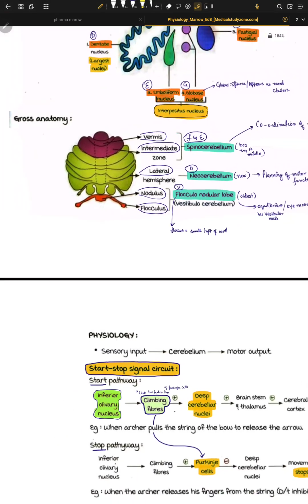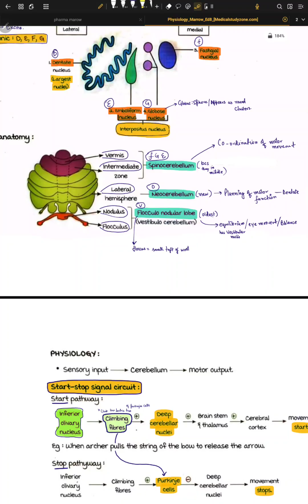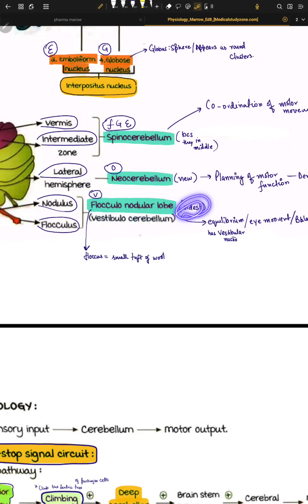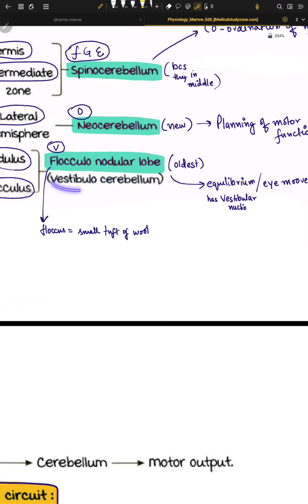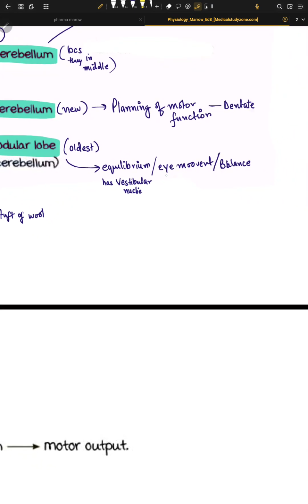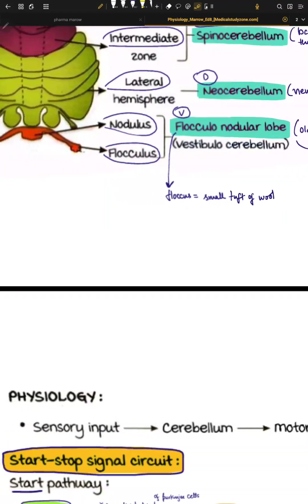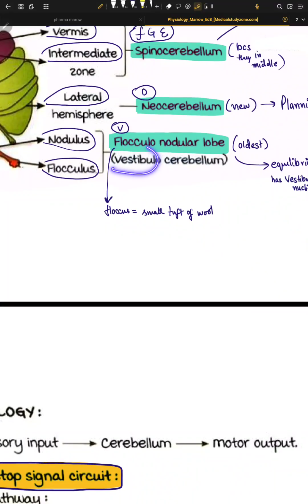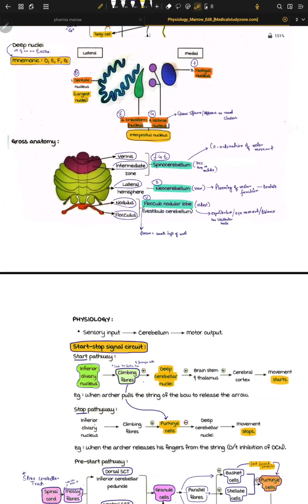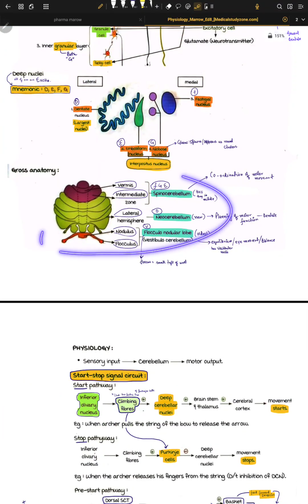It's the oldest part, so it's really less myelinated, and the function is really primitive: equilibrium, the balance. Whenever you say vestibulo, it means it has something to do with ears and balance. So eye movement and balance, and it has vestibular nuclei in it. That's why we name them as they are.